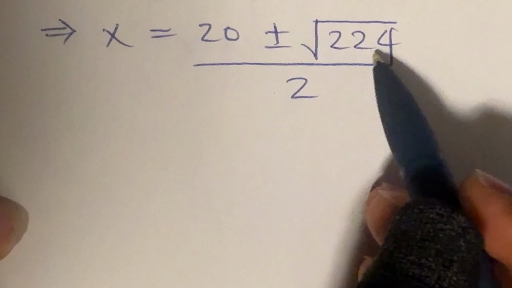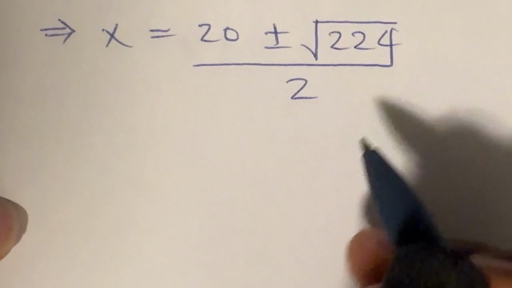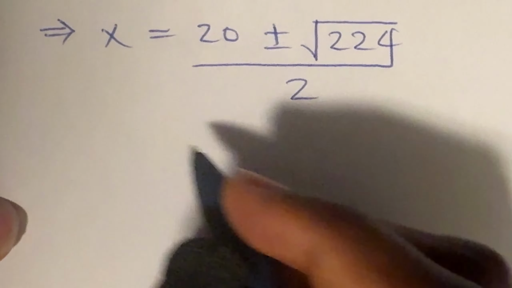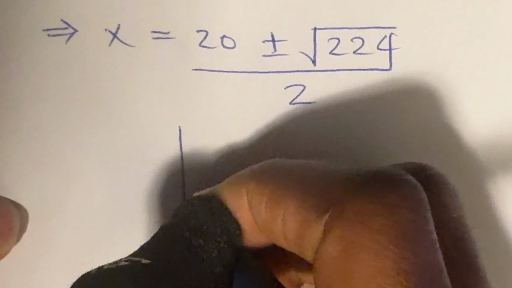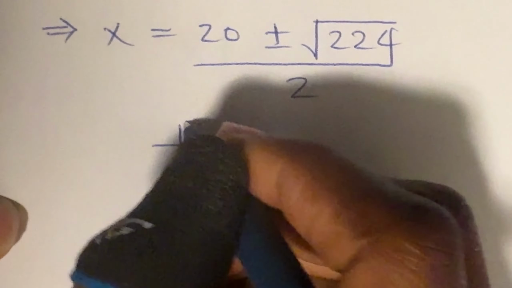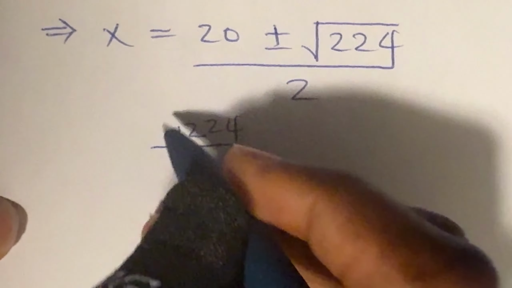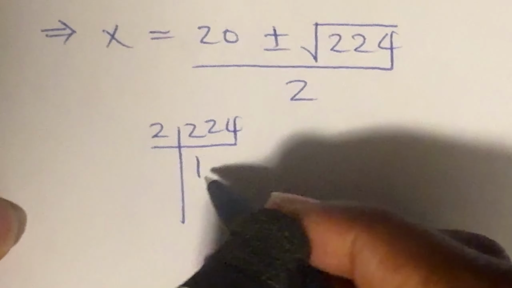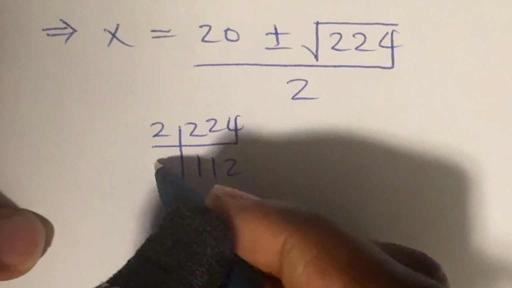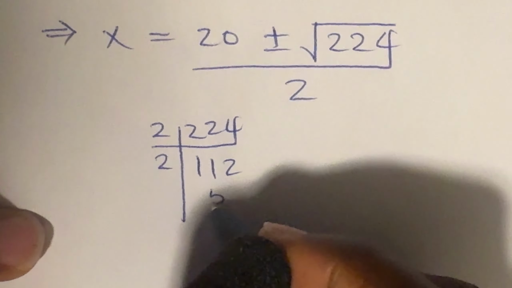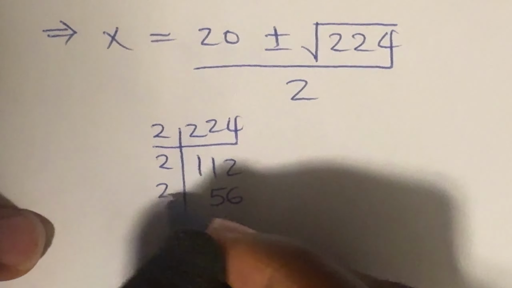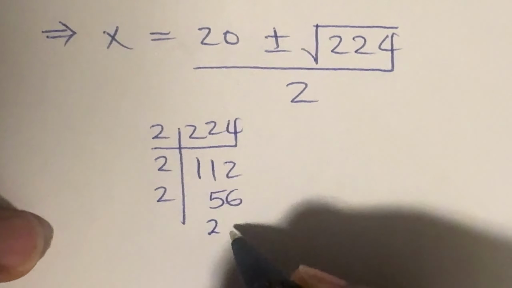We can quickly find the square root of 224. Let's do a long division of 224. First of all, 224 divided by 2 is 112. I'll divide again by 2, this is 56. Divide again by 2, this is 28.